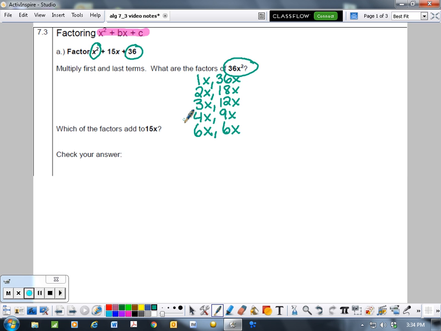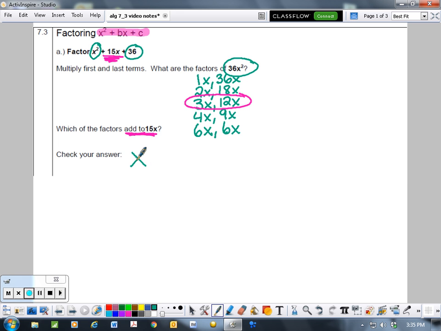Now once I have my factor list, and I'm getting really wordy because it's all about explaining how this works, I want to figure out which of these numbers will give me that middle term 15x. So which of these add to be 15x. When I look, these two add to be 15x. So what I do is I rewrite my original expression.